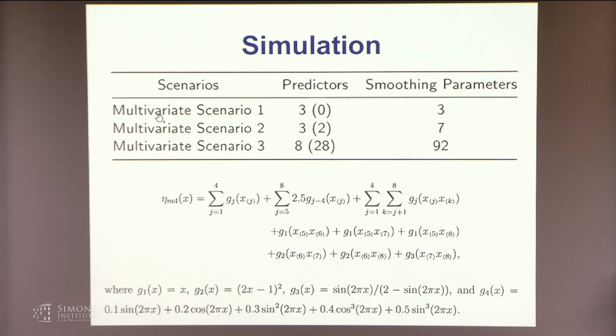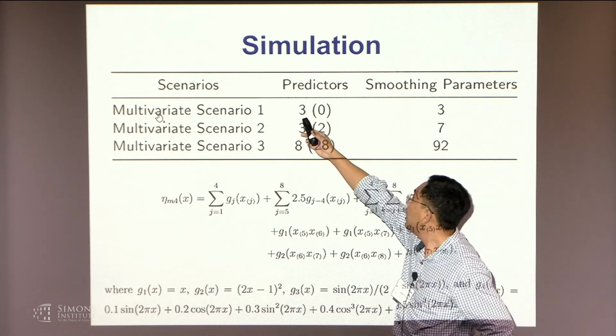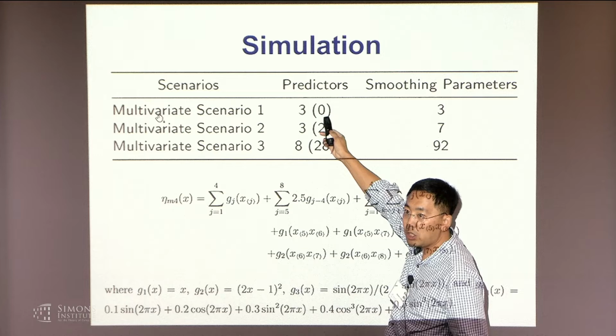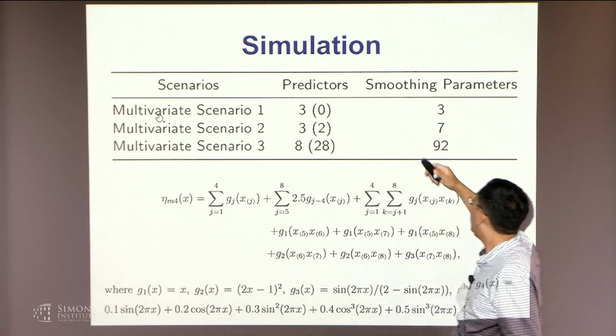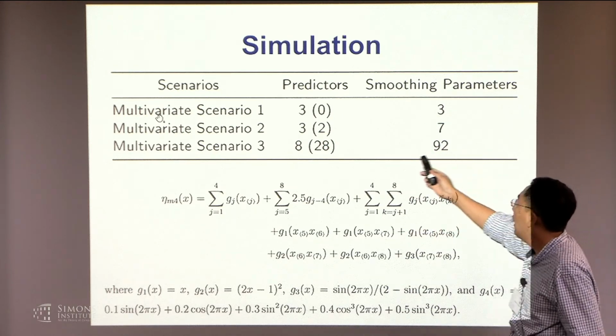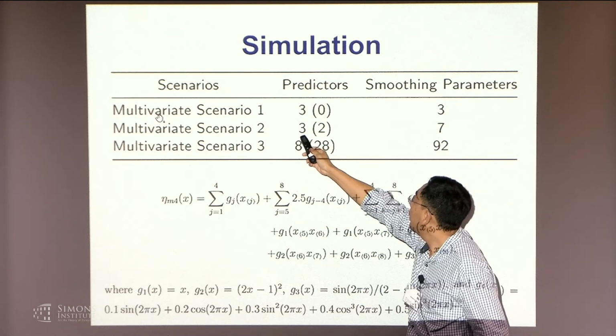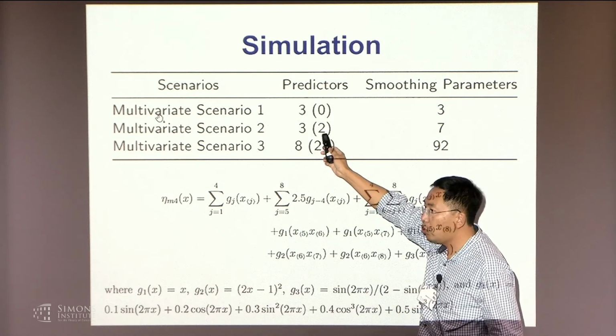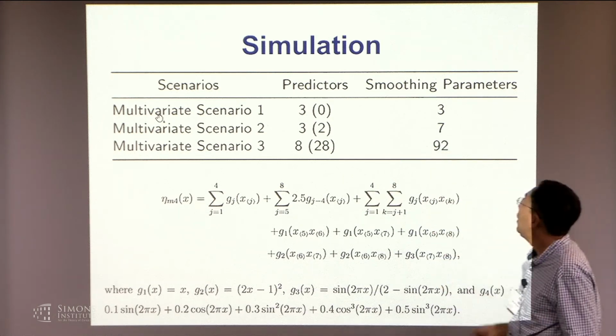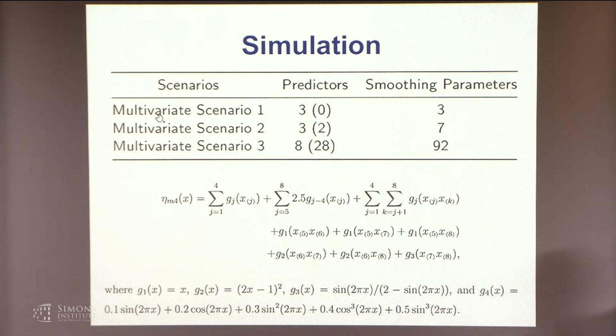We look at 3 scenarios. In the first scenario we have 3 predictors, but no interaction. How many smoothing parameters do we have? We only have 3. In another scenario, we have 3 predictors with two-way interactions, and in total we have 7 smoothing parameters.